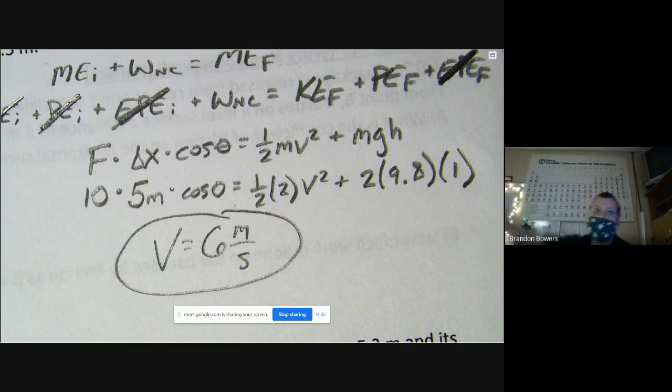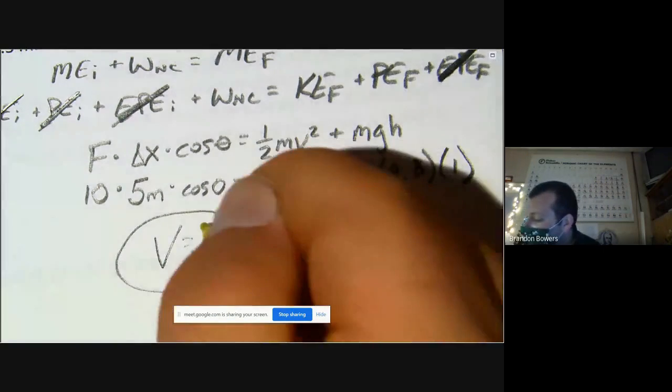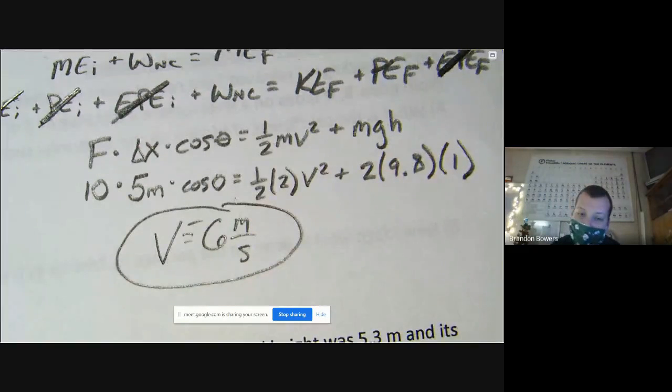Because if you're going around the loop and you're at the top of the loop, you're eventually coming back around. Yeah, but at that point, I see what you're saying. So negative would represent you're going backwards when it finishes going around the loop.